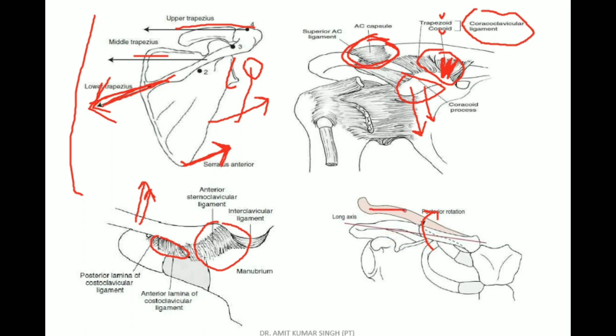Once it flips up, the inferior surface will be looking anteriorly. This is how we get the another 30° of upward rotation of the scapula, and this is how the scapula reaches the final position of 60° of upward rotation. The remaining movement will be carried out by the glenohumeral joint.